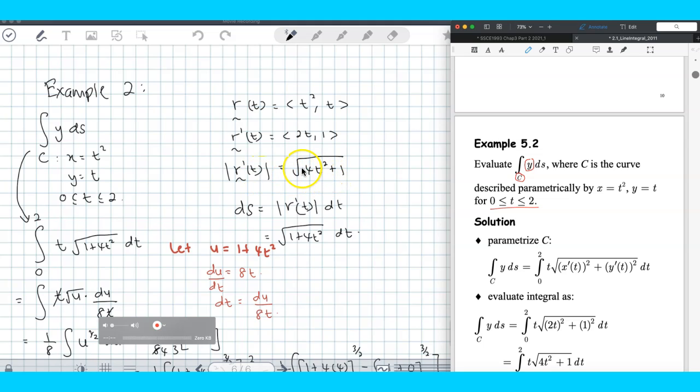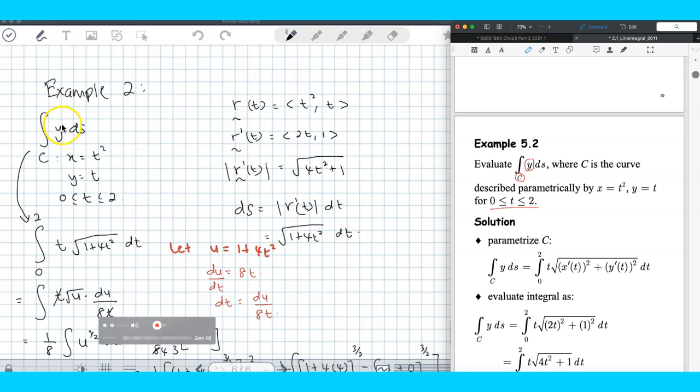So now you can see that the magnitude of r prime is not a constant, but an expression in terms of t. So now we want to have ds in terms of dt. By using ds equals the magnitude of r prime dt, we substitute the magnitude of r prime, which is the square root of 1 plus 4t squared, dt. So now we substitute the ds that we obtained here.